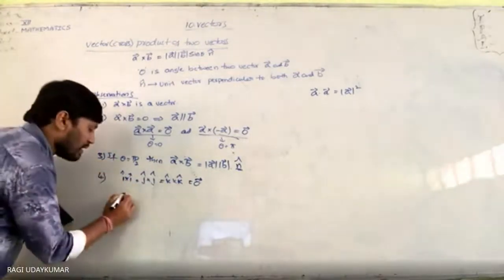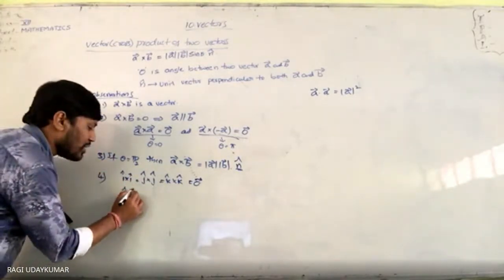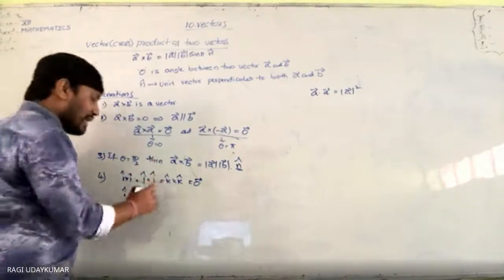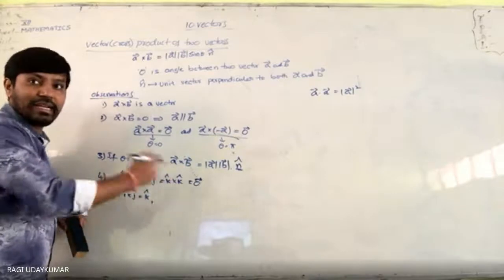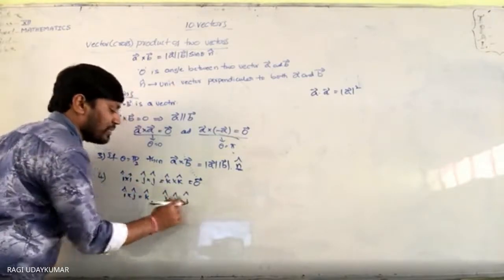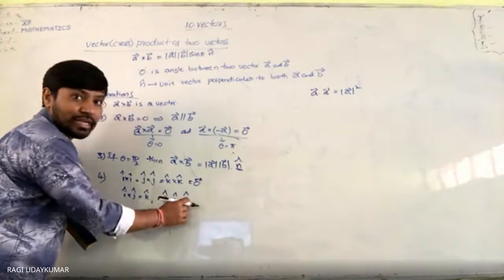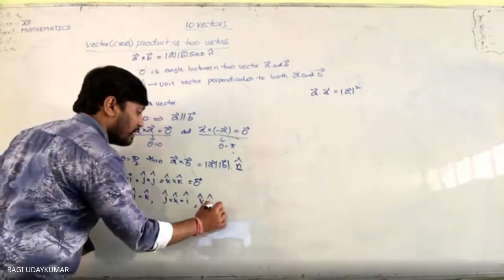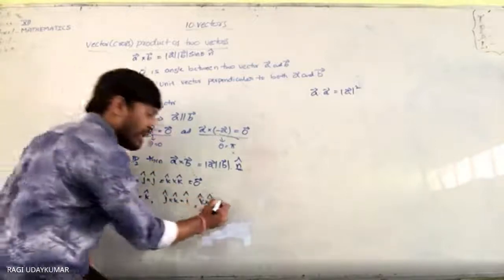Now suppose you get i cross j equal to k. Understood? This happens in a cyclic way. In cyclic way, j cross k will be equal to i, then k cross i will be equal to j. Why?